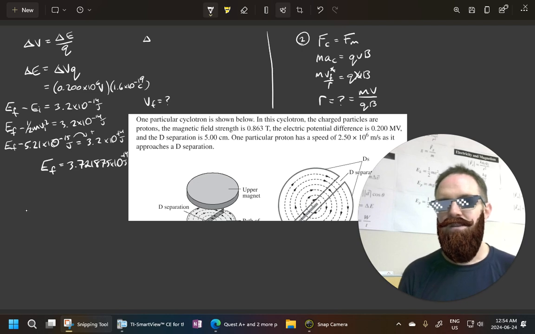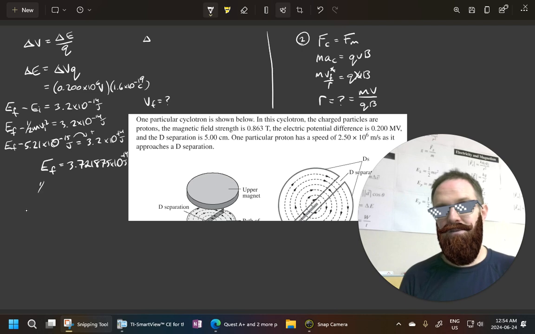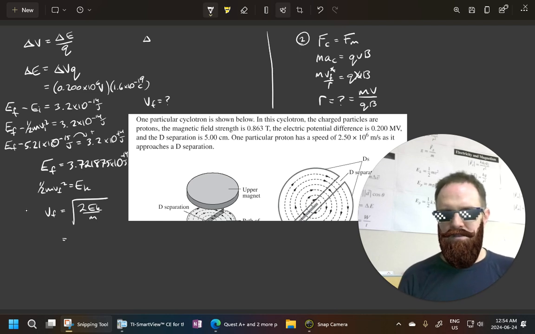Okay, so then I'm going to take that and find the final speed. This is equal to 1/2 m v squared. It's equal to this number, let's call it EK for now. And I can find the final speed by rearranging this equation: 2 times the EK divided by the mass. So, times by 2, divided by the mass of a proton.